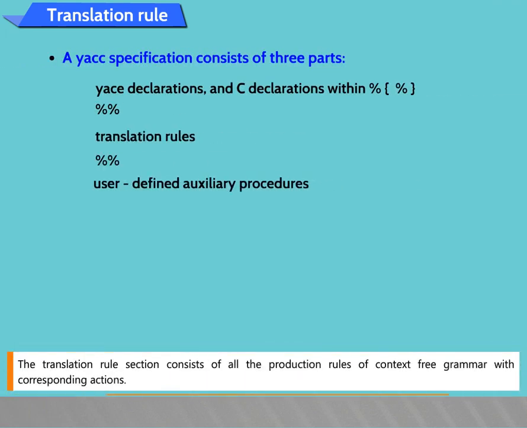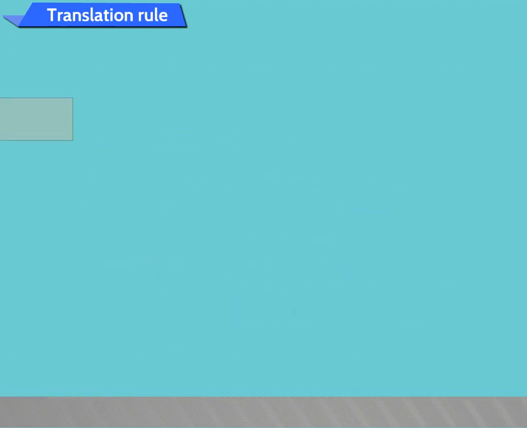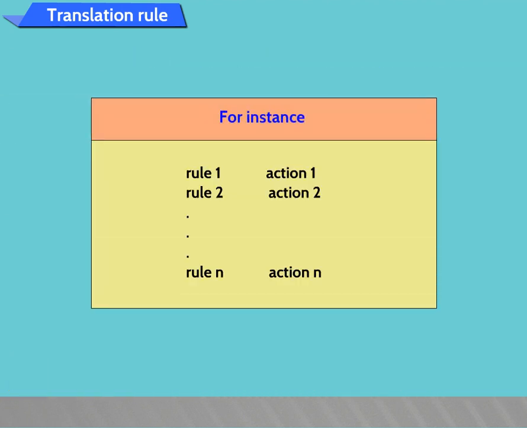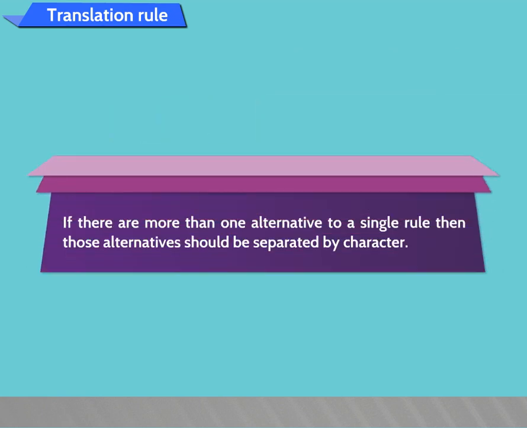The translation rules section consists of all the production rules of the context-free grammar with corresponding actions. For instance, Rule 1, Action 1; Rule 2, Action 2; Rule N, Action N. If there is more than one alternative for a single rule, then those alternatives should be separated by the | character.